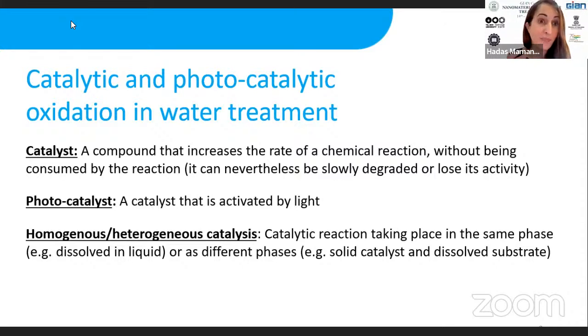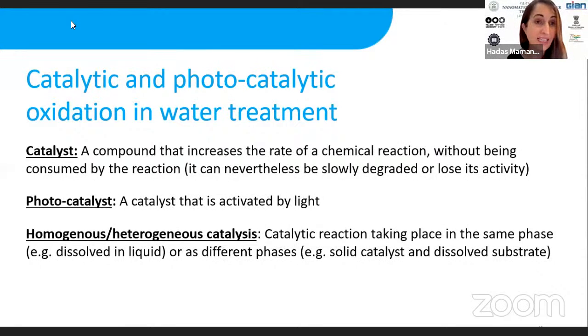Ozone must be generated on site. When we generate ozone, for example, we need to take air and separate the nitrogen from the air. Then we take only the oxygen. It goes through a generator. The generator produces a combined stream of ozone and oxygen.